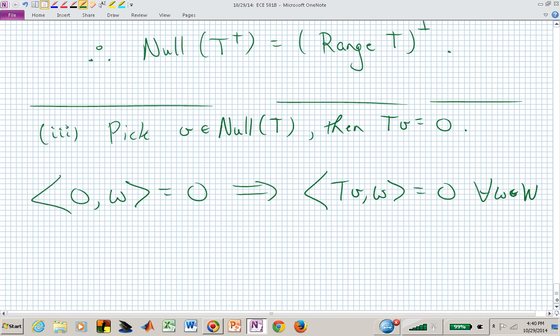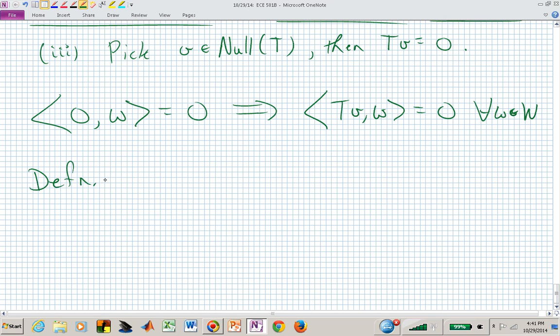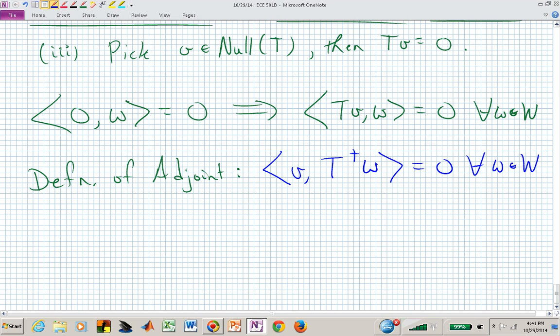Again, let's apply then the definition of our adjoint. That now says that if we have the inner product of Tv and w, the definition of the adjoint says that that's equal to the inner product of v and T dagger w. And now we've just said that that's 0 for all w in the vector space W. And what does that say?